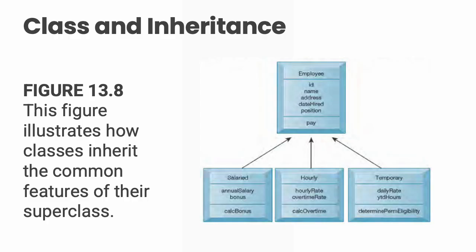Since car is a type of vehicle, it automatically gets all the features of the vehicle. Okay, wheels, the engine, but we can also add special features just for cars, like doors, trunk, yeah.